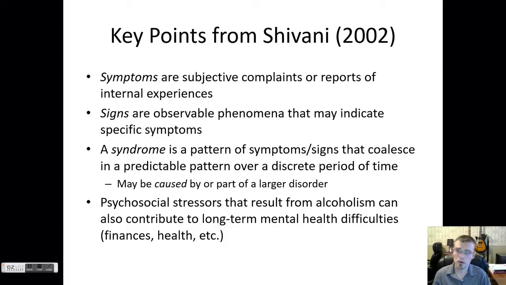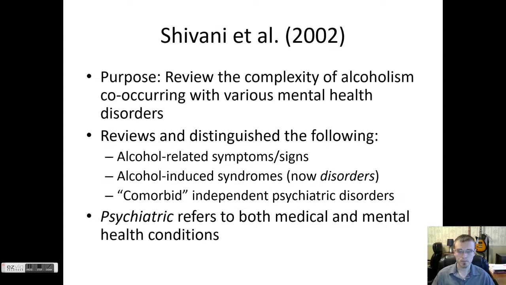And those effects of the substance use can also affect one's mental health condition too. So that's an important detail to keep in mind, just in terms of the overall complexity of considering the transactional nature of mental health symptoms and a substance use disorder.